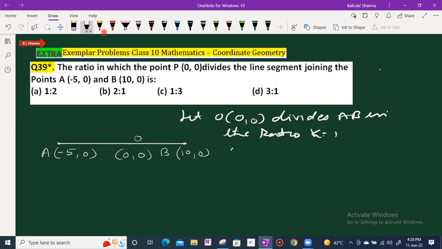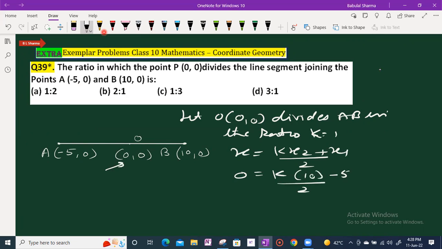So the x coordinate is given by kx2 plus x1 divided by k plus 1. यहाँ पे हमें y coordinate की जरूरत नहीं है. देखिए x coordinate इस पॉइंट का 0 है, k as it is, and x2 is 10 minus 5.